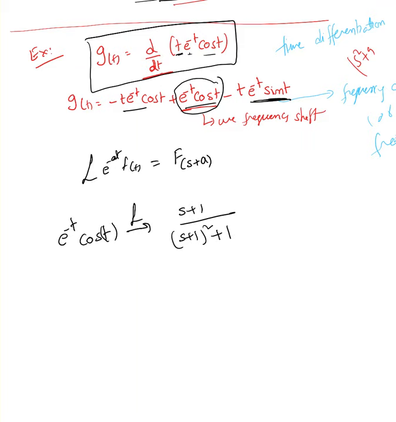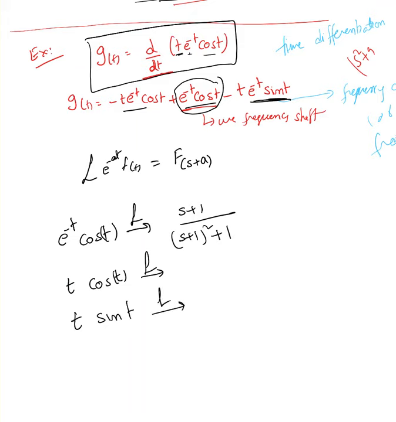Okay, now I'm going to copy t times cos t, and find the Laplace transform of that, and t times sine t, and find the Laplace transformation of that.